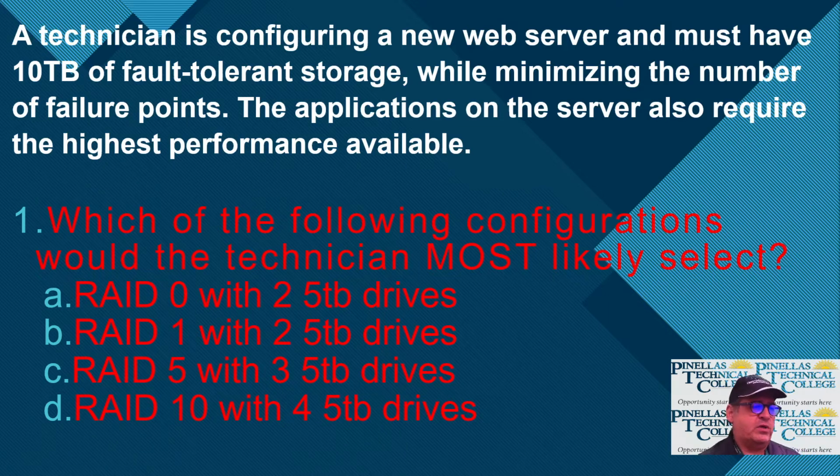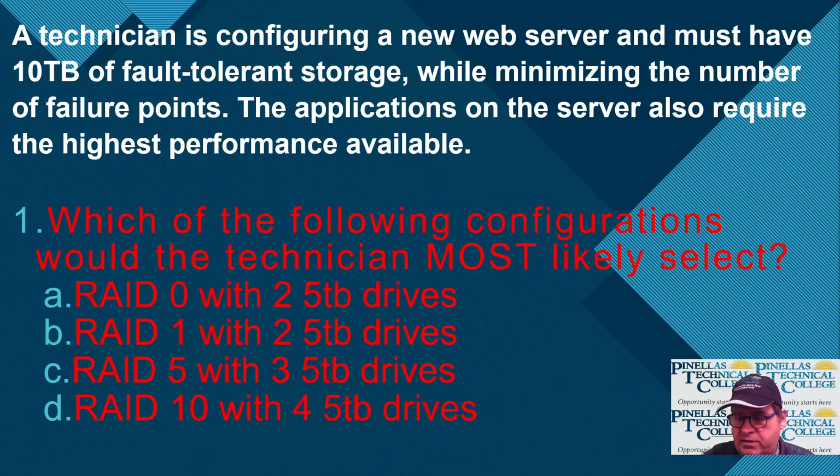Let's look at the RAID 1.0 with 4 5 terabyte drives. So of course we know RAID 1.0 has redundancy, so it meets that requirement. We're going to lose 50%. So 4 5 terabyte drives, that's 20 terabytes. We'll have 10 terabytes to write on, which meets the other requirement. So we could use a RAID 5 or a RAID 1.0 to meet this requirement.